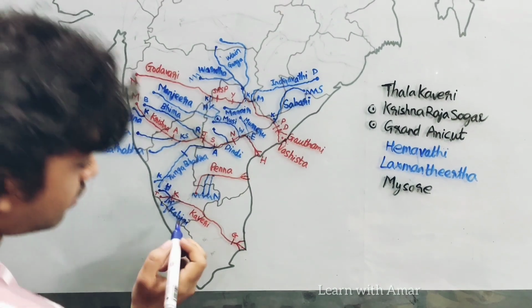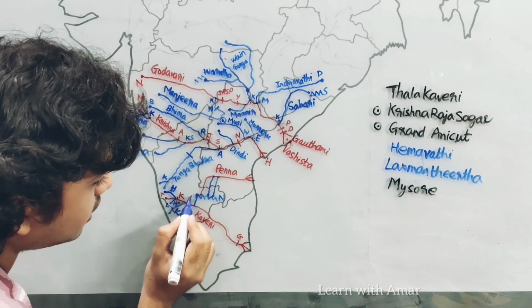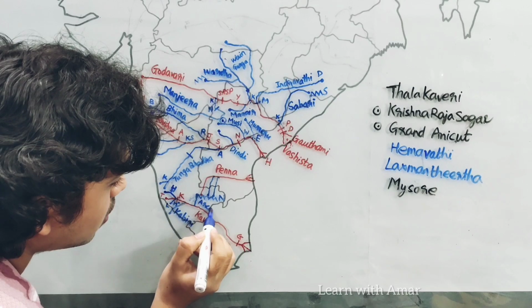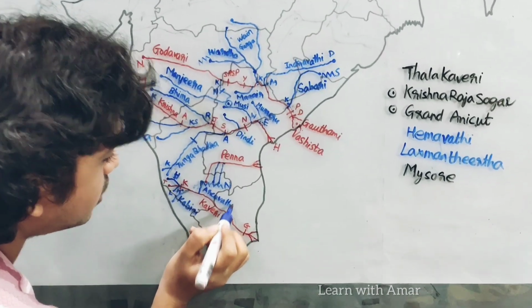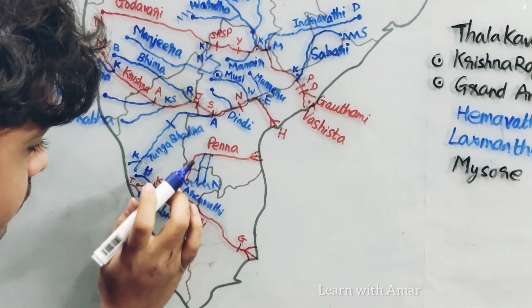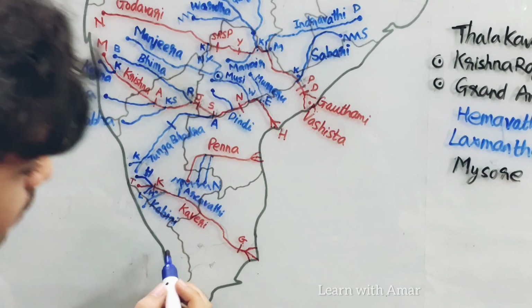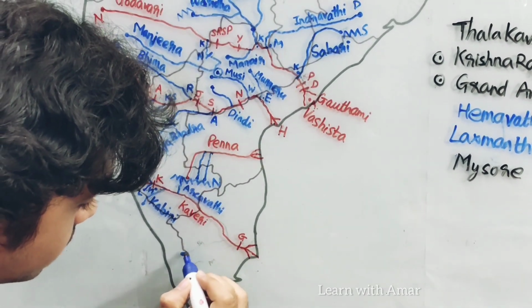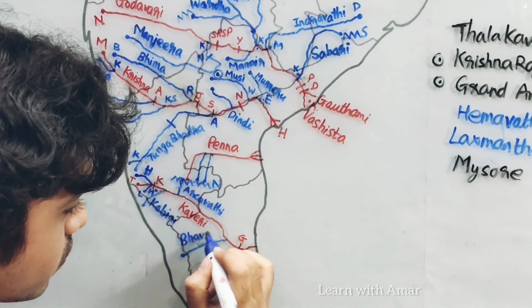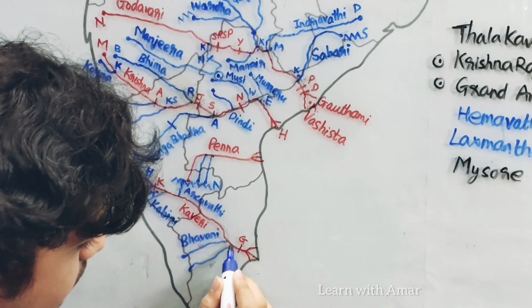Then we have another tributary, Arkavati. As you can see, Arkavati originates in the Nandi Hills here, and it joins the Kaveri in Karnataka. Then we have two right bank tributaries. This is Bhavani, and this is Amaravati.